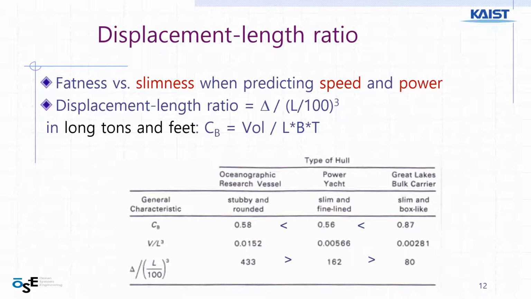And in the table, you see CB, speed length ratio and displacement length ratio, three numbers for a typical oceanographic research vessel, power yacht, and Great Lake bulk carrier. But they are very special ships, not big ships nowadays. Anyway, CB is a little bit higher because this is probably a big cargo ship. The smallest one is the yacht. And speed length ratio, this is lowest and this is highest because this is a power yacht.